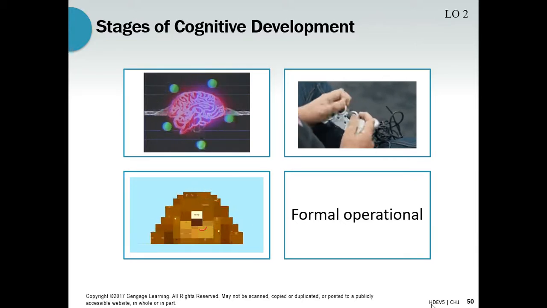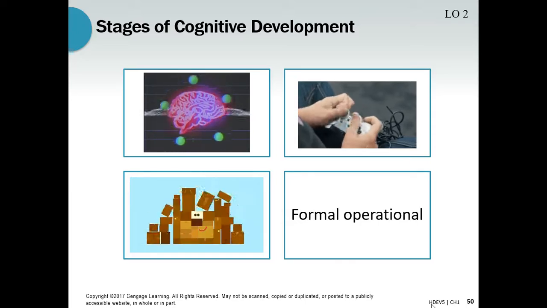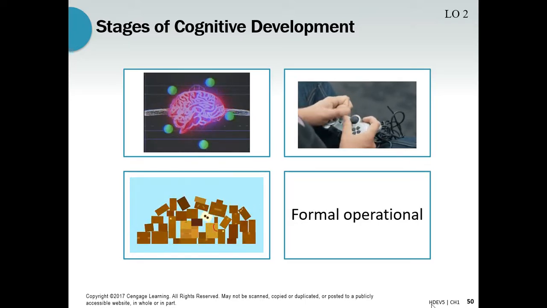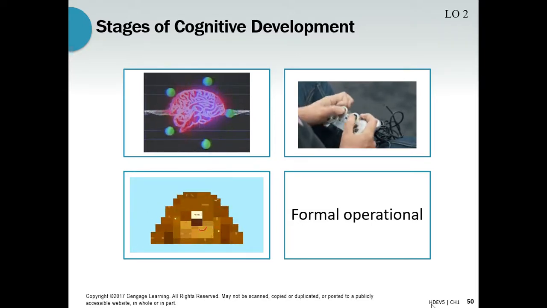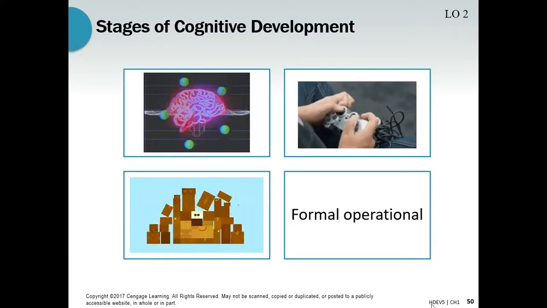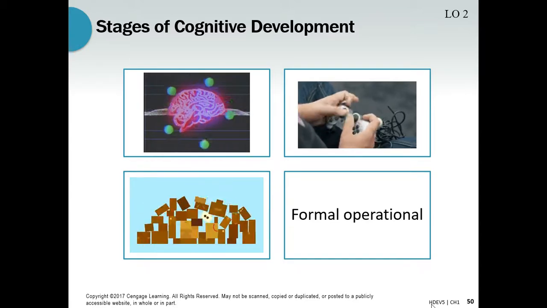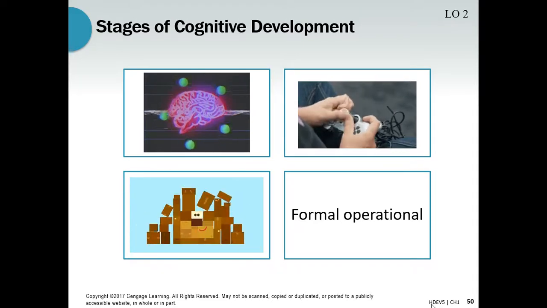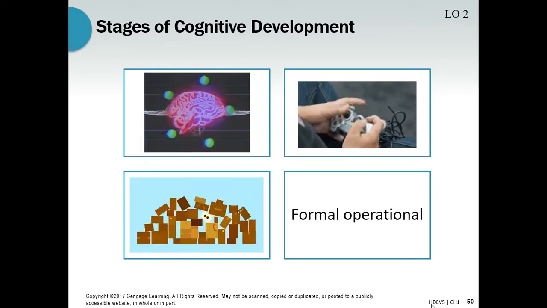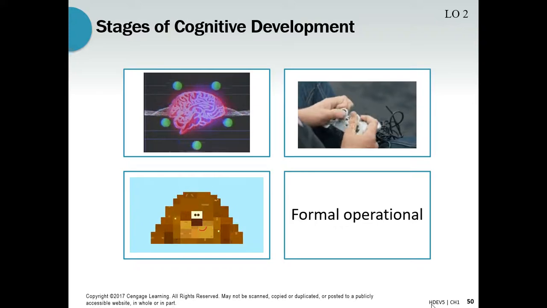So you're not going to have an easy time teaching a 6-year-old to solve for X or to imagine what it might be like to be on Mars where the gravity is whatever 5 times less than Earth, right? They're not going to be able to do that mental leap.